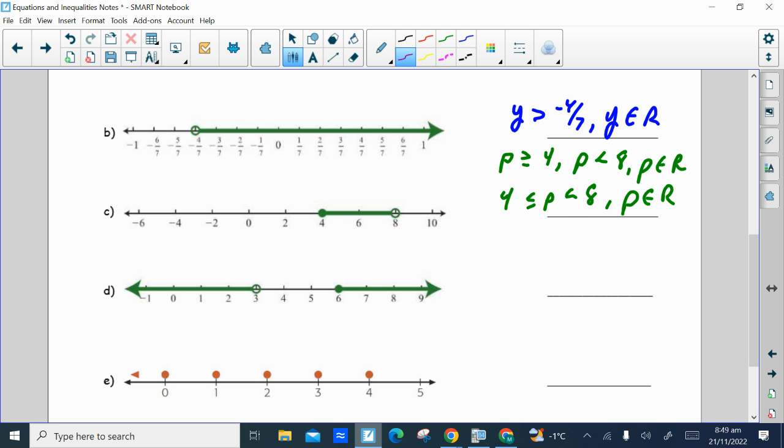Now, for question D, I would probably use two different statements here because it's not a continuous set of solutions like the previous one. In this case, you've got one line going to the left from 3, and 3 is not included.